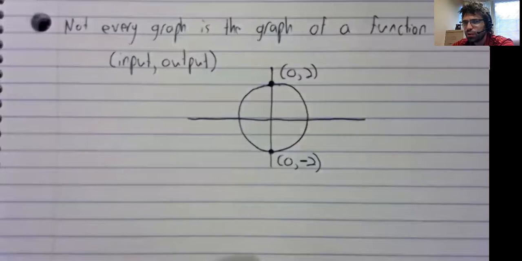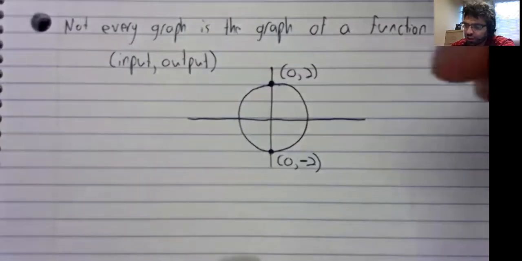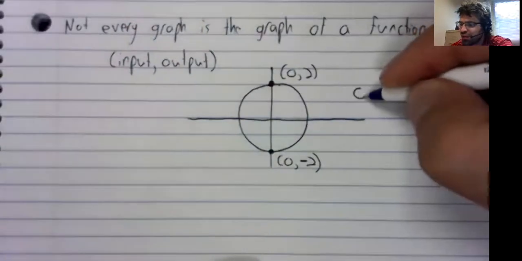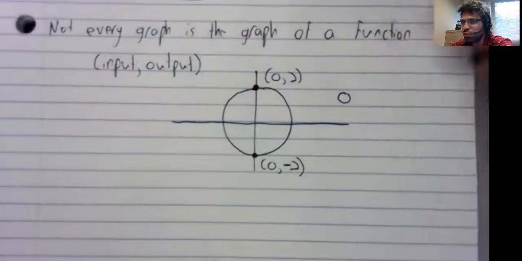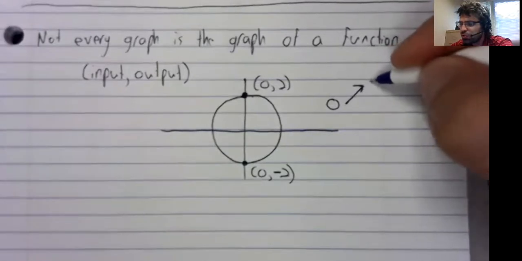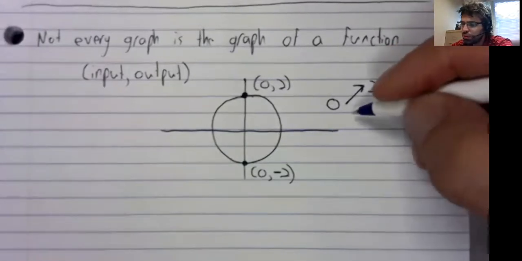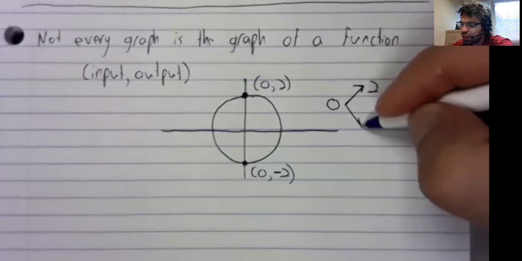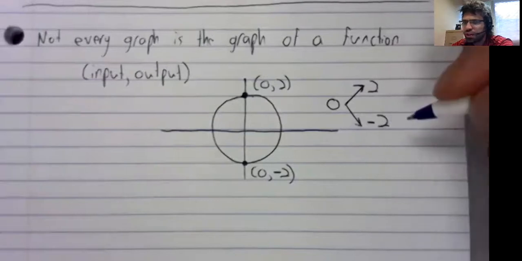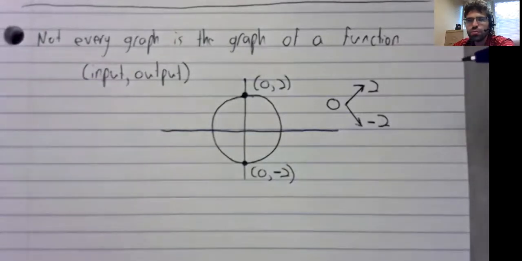If this were a function, well, it isn't. The input 0 has an output 2 and an output -2.